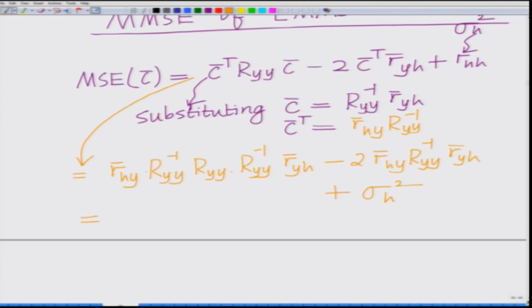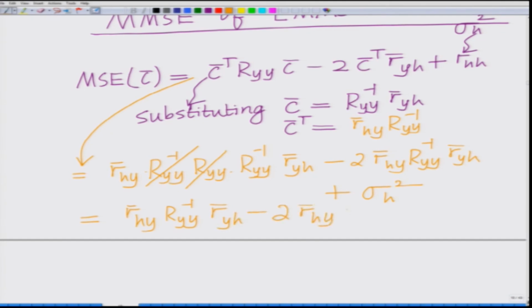Now, you can see RYY inverse and RYY cancel, so we are left with R bar HY RYY inverse R bar YH, minus twice again the same quantity.